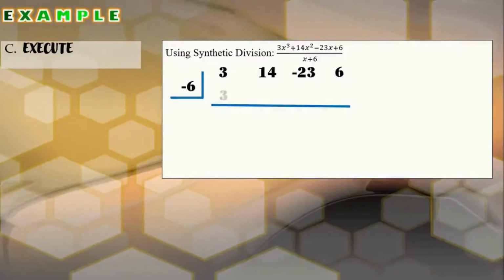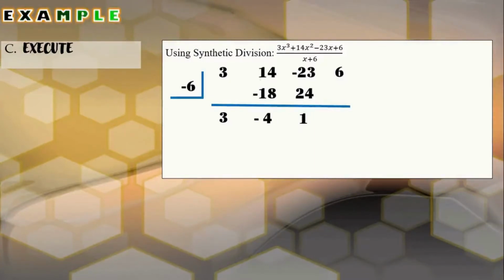So, let's start. Bring down 3. Negative 6 times 3 is negative 18. 14 minus 18 is negative 4. Negative 6 times negative 4 is positive 24. Negative 23 plus 24 is 1.